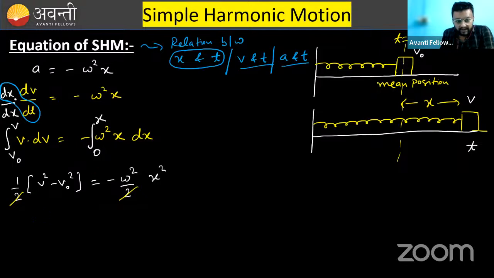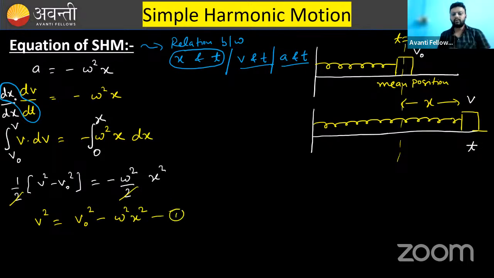So what you will get is v square equals, transferring this v naught square here, v naught square minus omega square x square. I think it is clear now. Let's suppose this is equation number 1. This is not an easy derivation, so be alert and try to listen to every point.